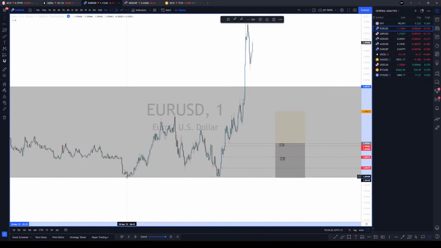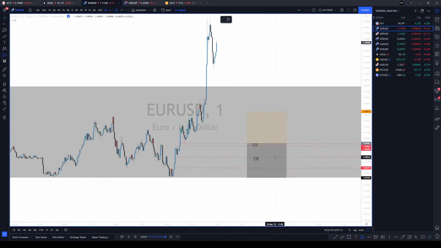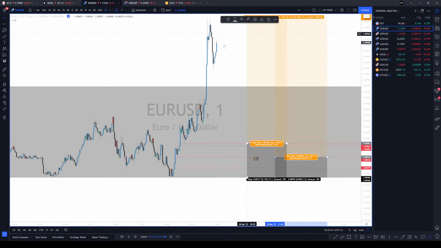Let me see if it's equal. No, they did actually run it, so it's not equal low, so I'm fine with that. Both are going to have the same stop loss. So on the first one, I might get a smaller lot size. On the second, if I get triggered on the second one, I'll get a bigger lot size.